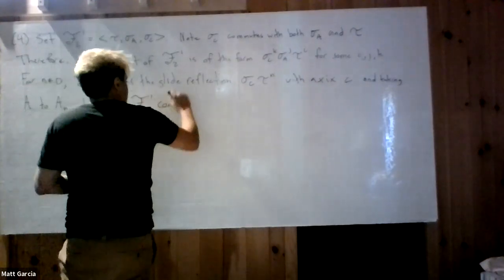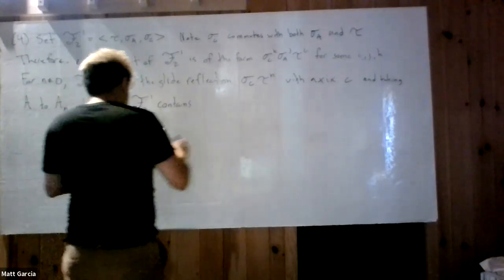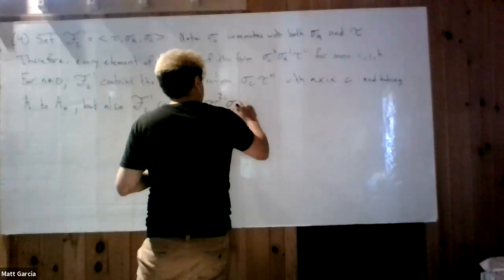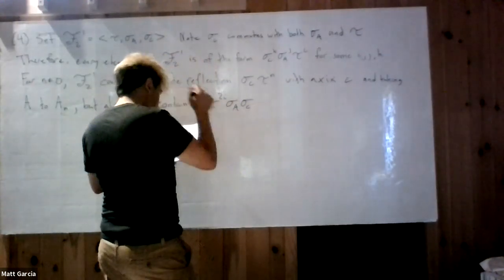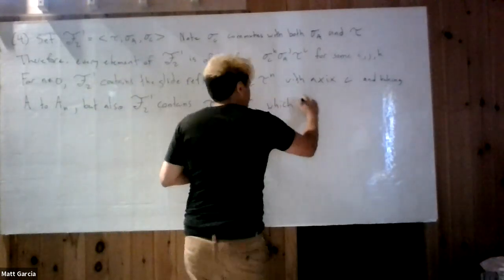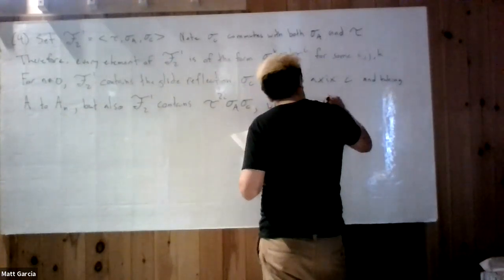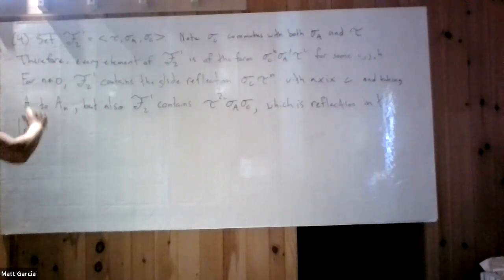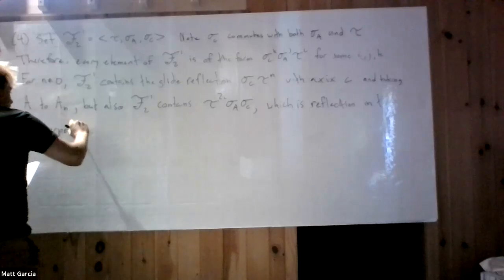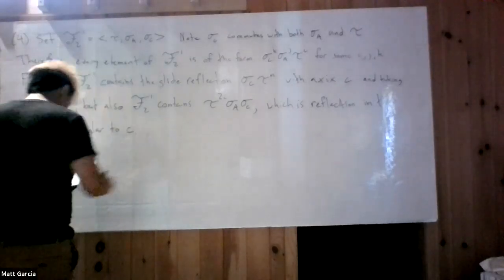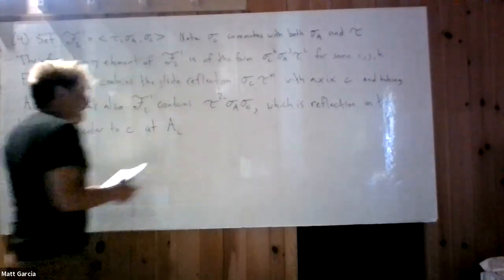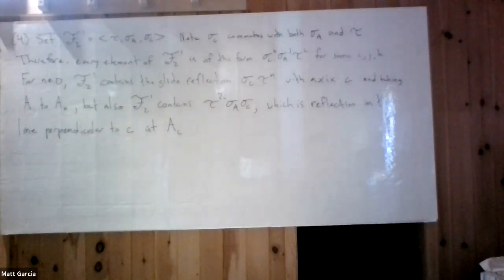F21 contains tau to the 2i times sigma A, sigma C, which is reflection in the line perpendicular to C at A sub I. Okay.